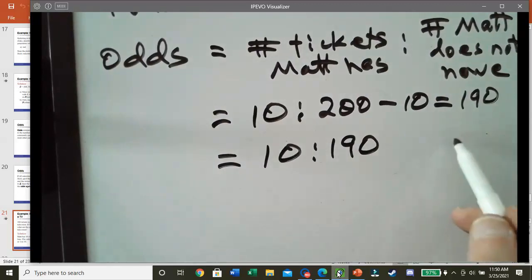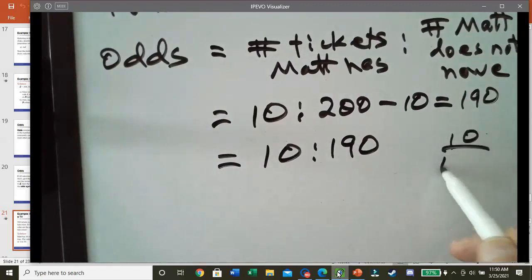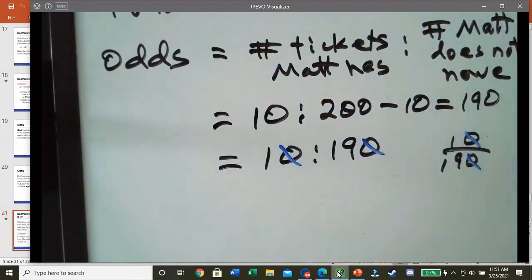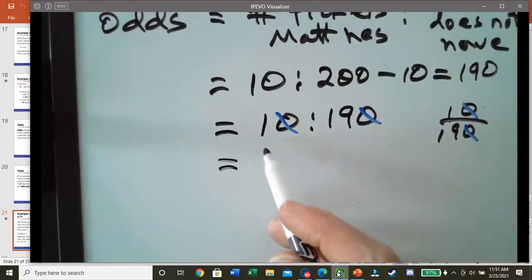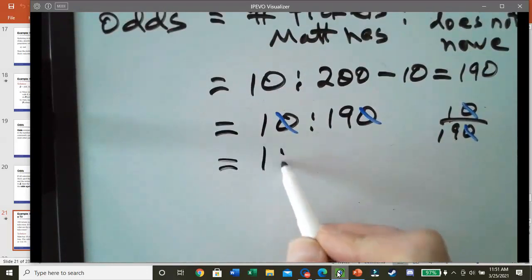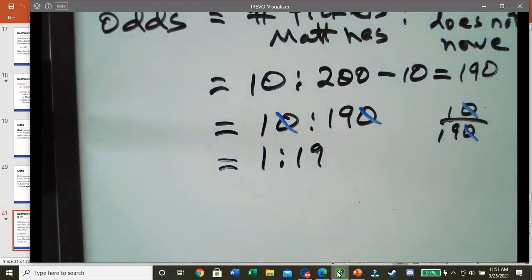So if we looked at it like a fraction, you could basically cancel out the zeros, because it's like dividing by 10. So basically, the odds of Matt winning a TV are 1 to 19. Also written as 1 to 19.